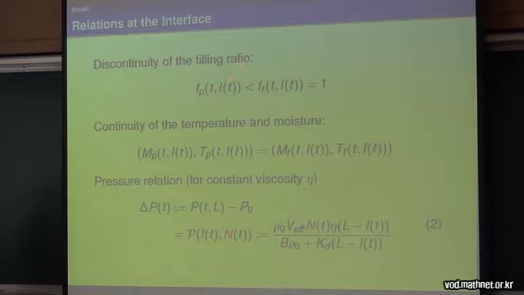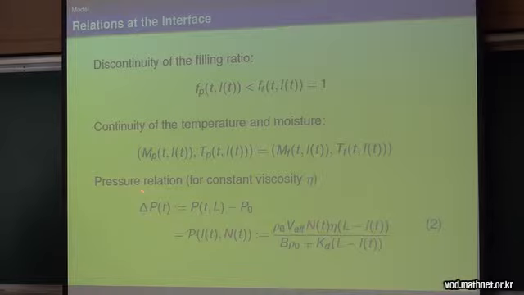In order to close the whole system, we need some relations at the interface. The first is that we have the discontinuity of the filling ratio, and we have continuity of the temperature and the moisture. So these are conserved at the interface. And very importantly, we have the pressure relation.